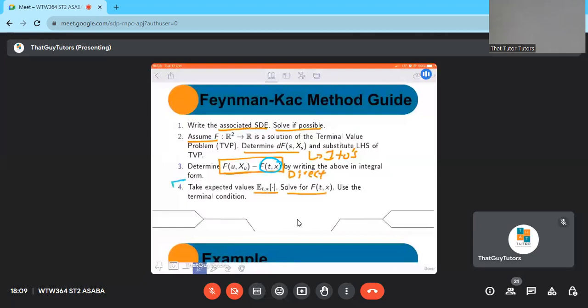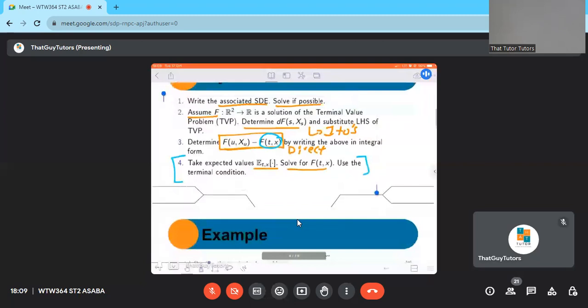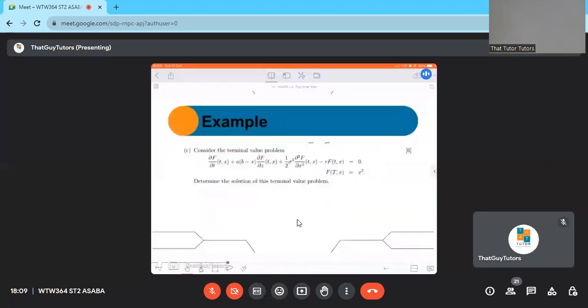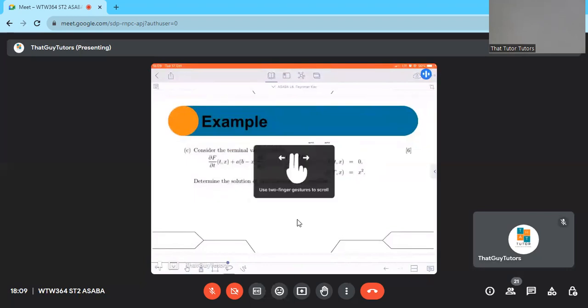So I'm going to look at some past papers so that we can practice. So you have some kind of a stochastic differential equation, which is a terminal value problem. And for 5 marks, they want you to find the solution of the terminal value problem.